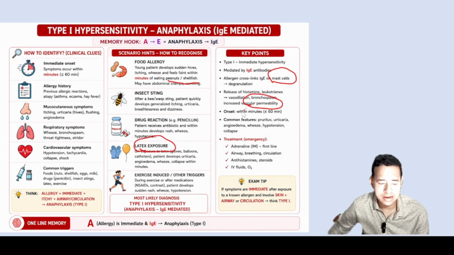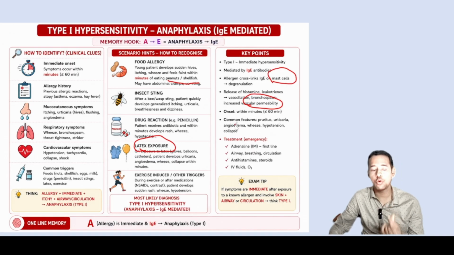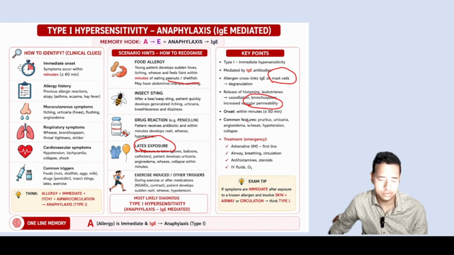Onset is within 60 minutes, less than 60 minutes I can say. Common features here are pruritus, which is itching, urticaria, angioedema, and next wheeze, hypotension, and collapse. They may give you an example of collapse most frequently in MRCS, and you have to know latex-related presentations.